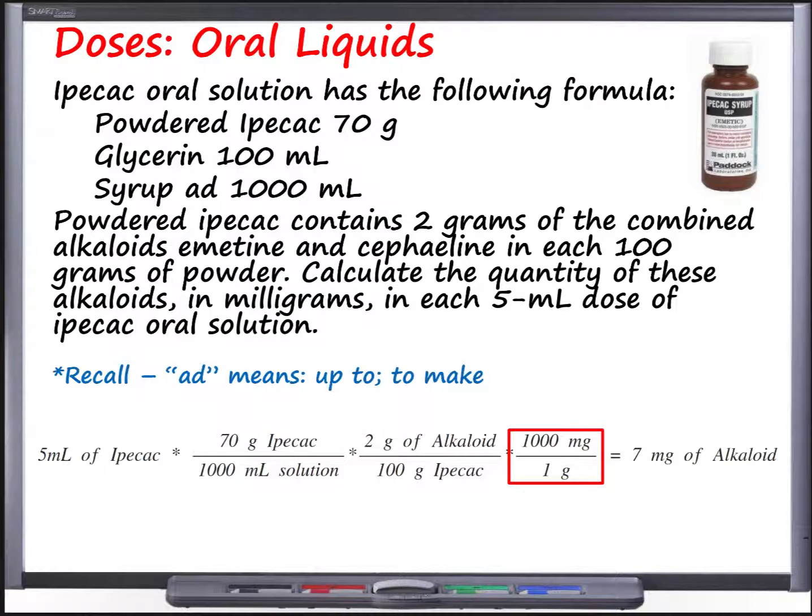Remember, the question wanted us to express the amount of alkaloid in milligrams. So the last step is to multiply by the fact that there's 1,000 milligrams per every 1 gram. So now grams will cancel, and the answer will be in milligrams of alkaloid. If you do that math all the way across, you should end up with the final answer, which is 7 milligrams of alkaloid.